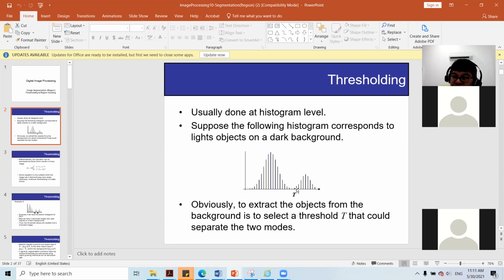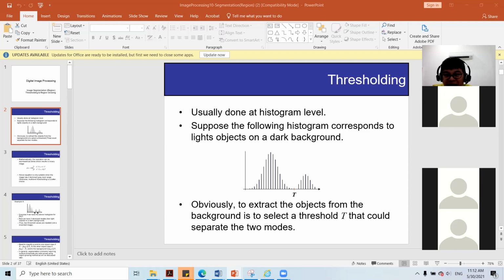The statistics you learned before, what did you learn in statistics? Standard deviation, mean, right? Average, right?